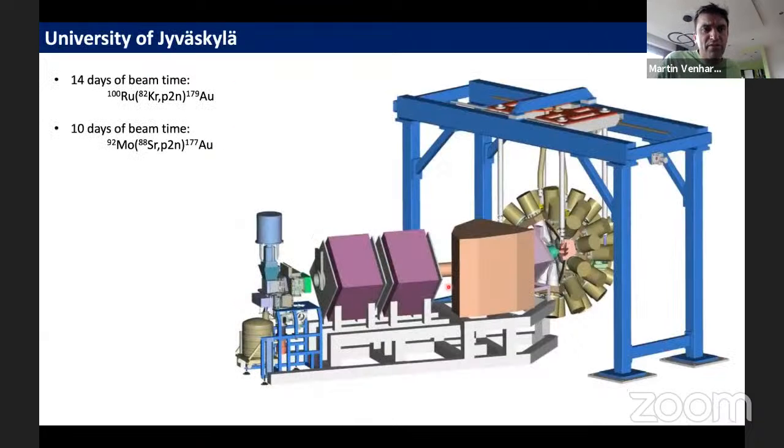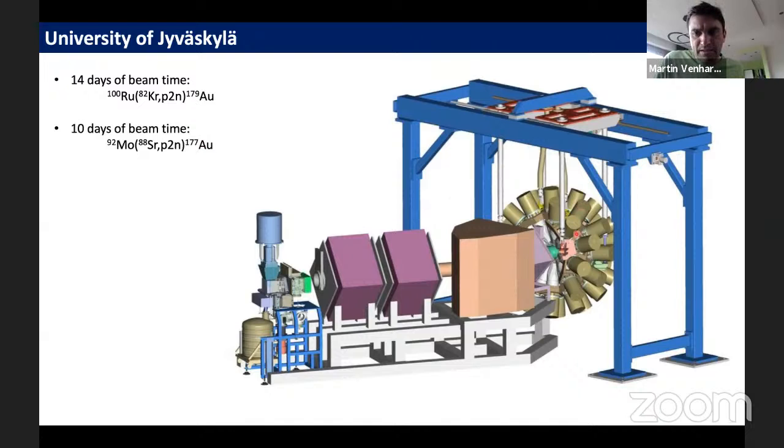So what we have done, or what we are doing, in Jyväskylä over the past 10 years: we measured in total for 24 days of beam time, and we produced 179 gold and 177 gold via reactions. We used an 82 krypton beam impinging on a ruthenium-100 isotopic target, producing 179 gold, or we used a strontium beam on a molybdenum target to produce 177 gold.